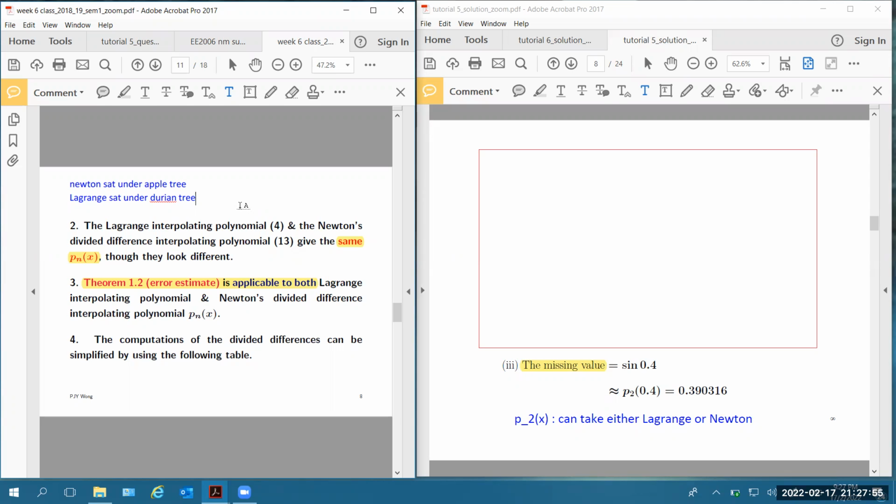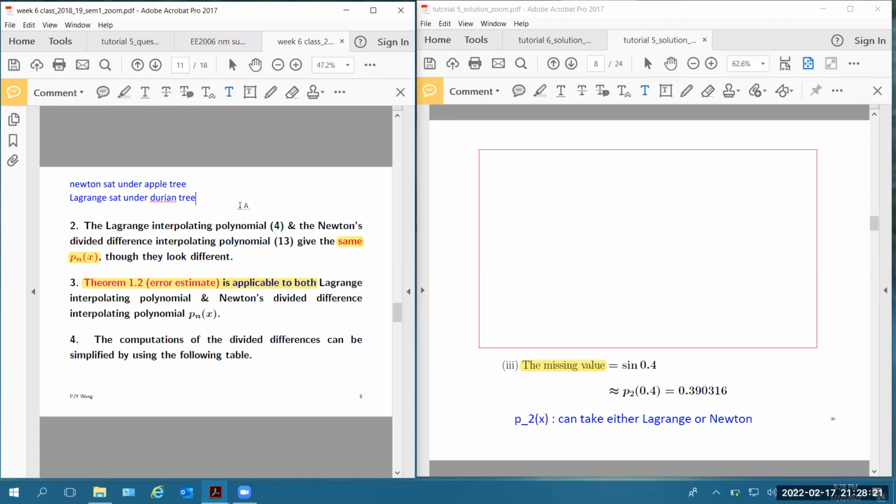Or maybe Lagrange came to Southeast Asia and sat under this durian tree. Because now we have this VTL, so Lagrange can travel to Singapore and sit under this durian tree, right?